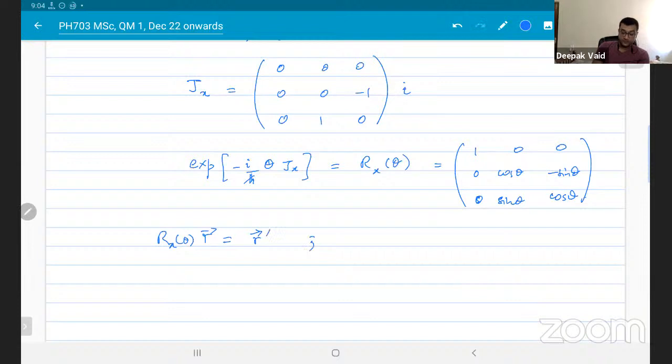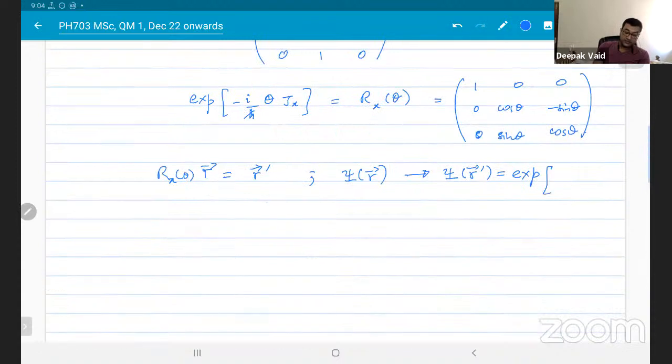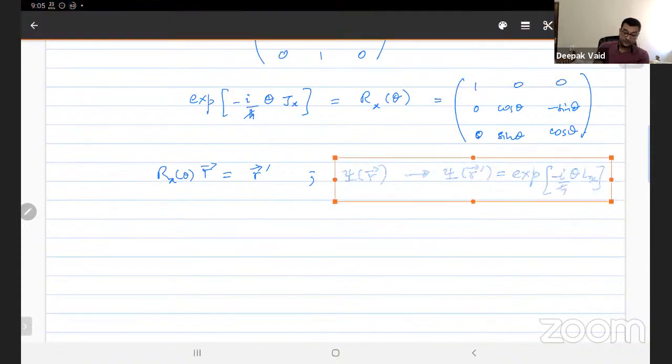At the same time, if you look at the function psi of R, how does the function psi of R change? The function psi of R becomes exponent minus i by h bar theta times Lx.